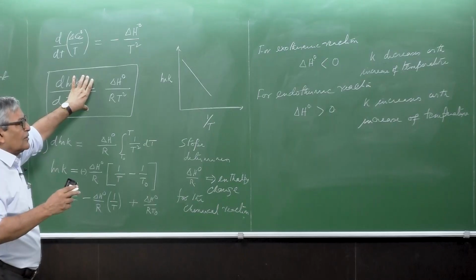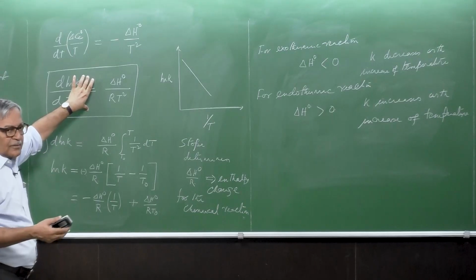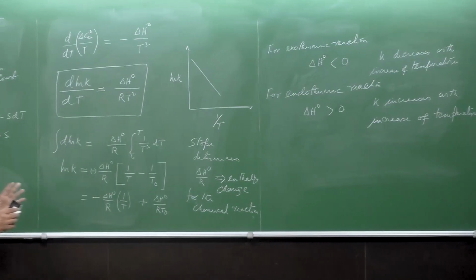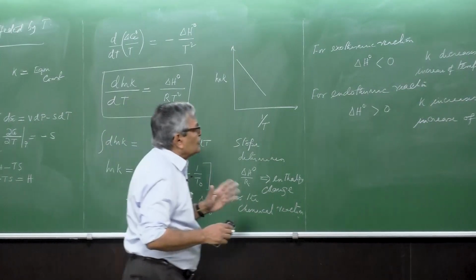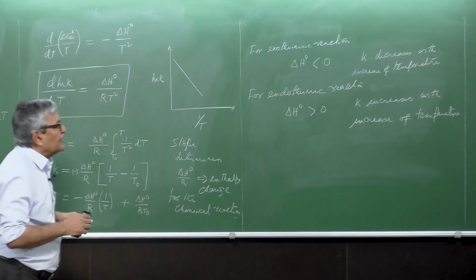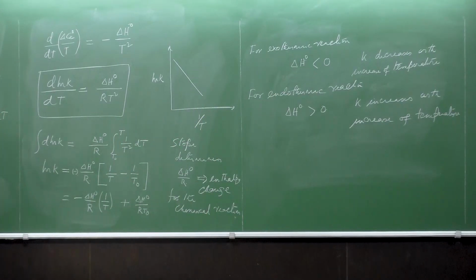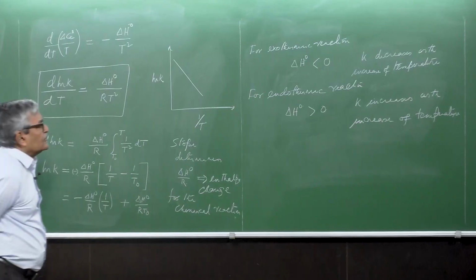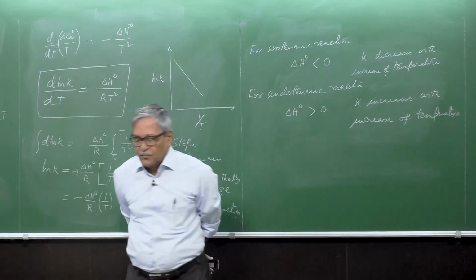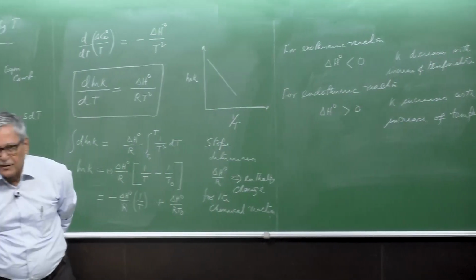That is a concern of chemical kinetics. So purely from the thermodynamic argument we can show that an exothermic reaction is not favored by increase of temperature, while for the endothermic reaction, increase of temperature is really helpful.